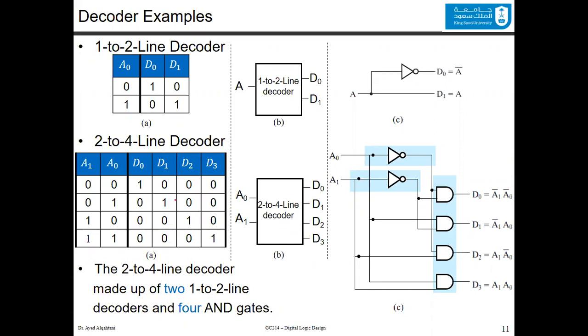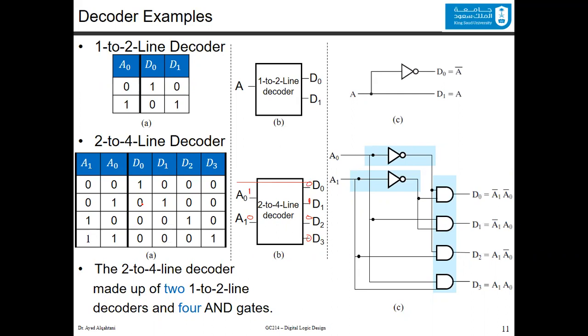If you choose 0 and 1 as the address, it will be 1 in A0 and 0 in A1. This way, you will generate 1 in D1 and zeros in the 3 other data lines or the output lines.